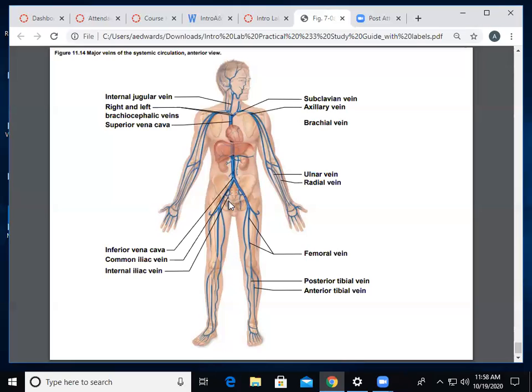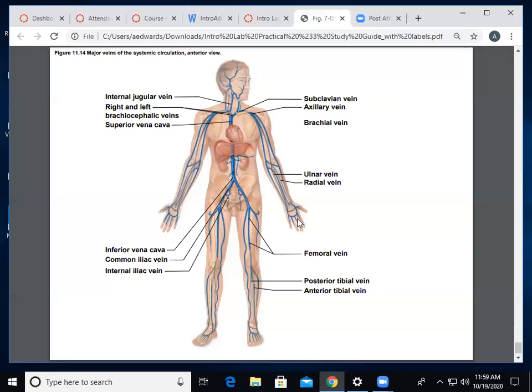You also have this internal iliac vein that basically supplies your groin area, and that also feeds into the common iliac vein. And both of these common iliac veins for both your legs will feed into the inferior vena cava. And those will go toward the right atrium.